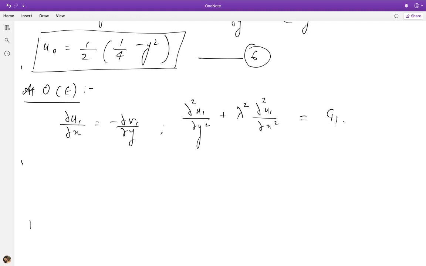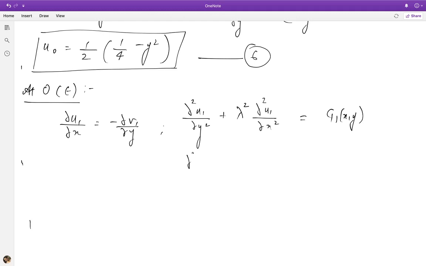Unlike the previous perturbation problems, where when you have epsilon in the governing equations you will get a term from the previous order appearing as an inhomogeneity in the term of the current order, here all the domain equations are homogeneous in the variables at the same order. It is the boundary conditions which introduce terms from the previous order and which act as inhomogeneities in the equations. So g1, remember, is a function of x comma y. It is not a constant.